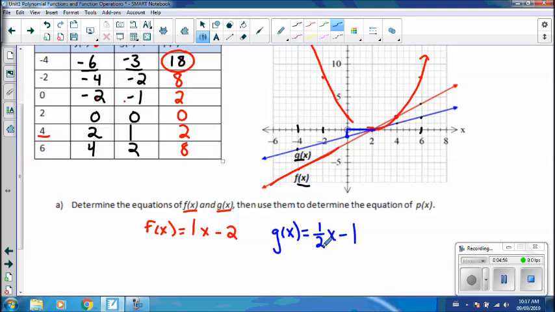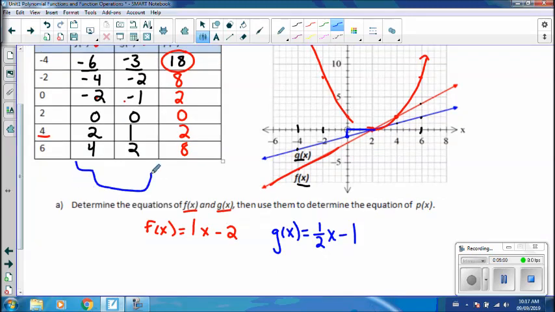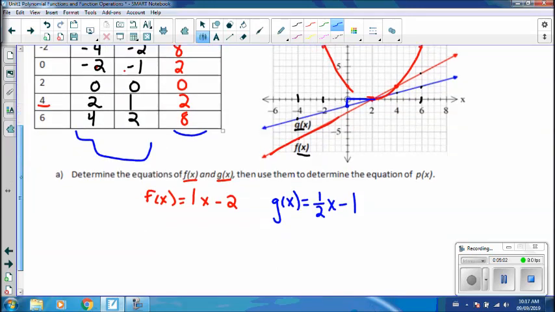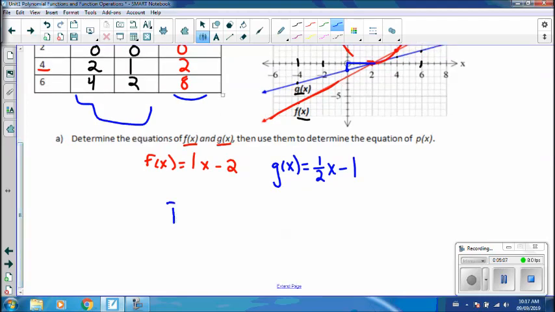Just like we multiplied the values in the table of values up here to get our product function, p of x, the equation of p of x can also be obtained by multiplying f of x, which is x minus 2, times g of x, which is 1/2 x minus 1.